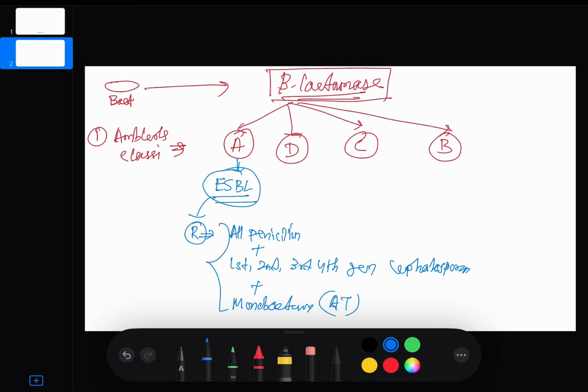Understood? The ESBL inhibits all the penicillin group, the cephalosporin group and the monobactam group.